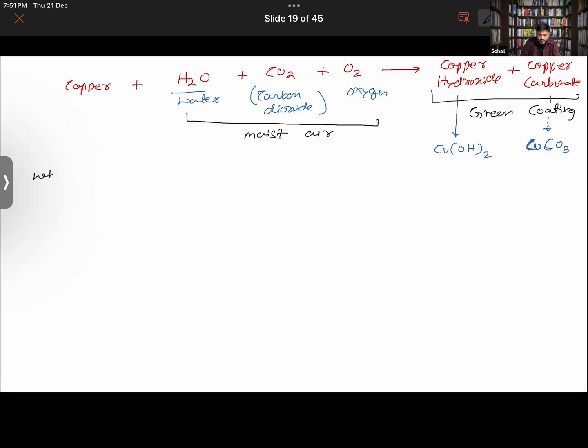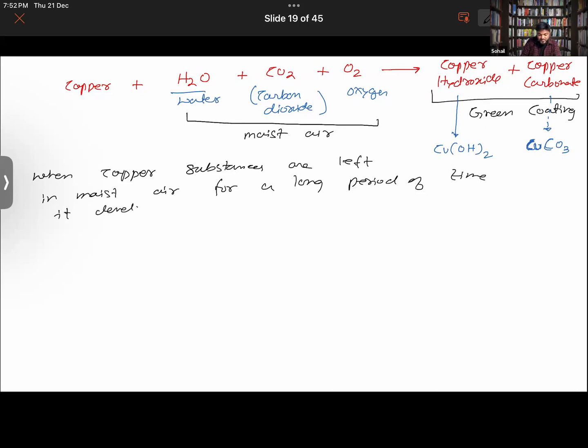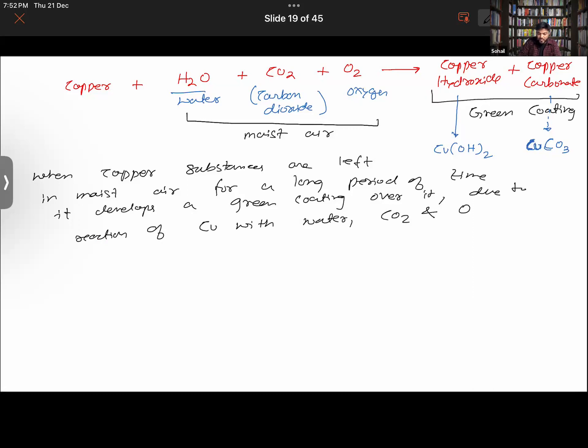When substances or copper utensils are left in moist air for a long period of time, it develops a green coating over it due to the reaction of copper, Cu means copper, with water, carbon dioxide, and oxygen. So hope it is clear to everyone.